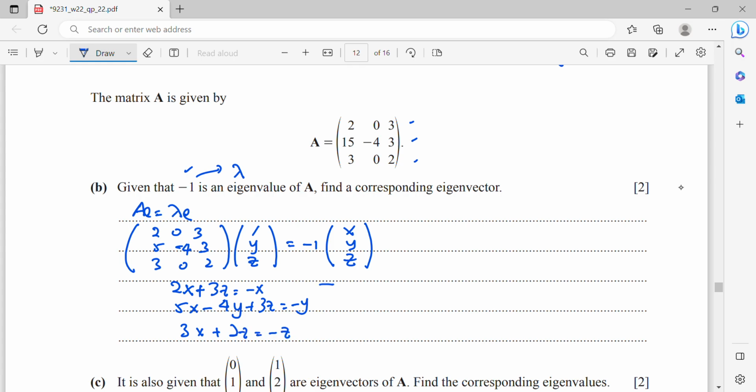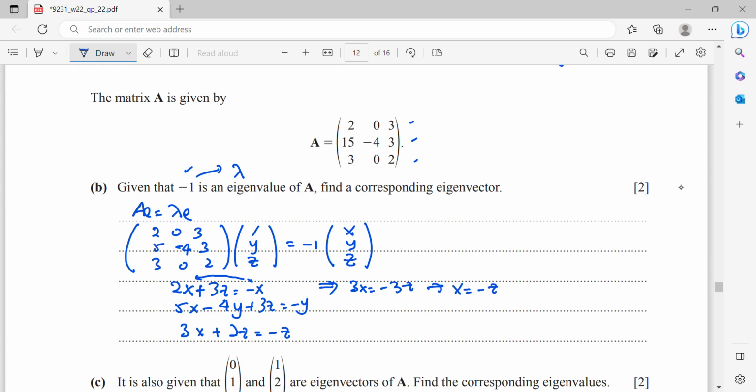Now, for the first equation, I move this minus x to the left hand side. So I'm getting 3x equals minus 3z, which means my x is minus z.